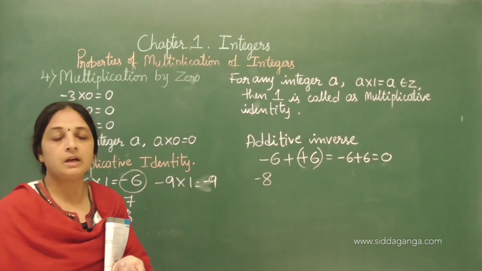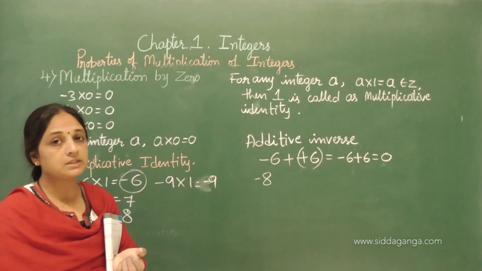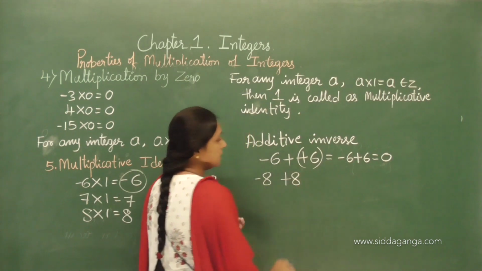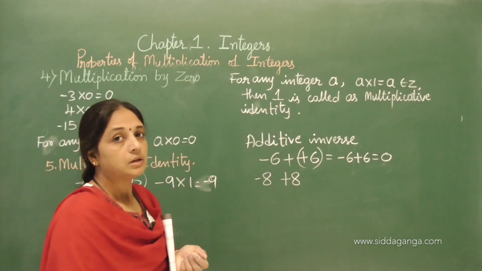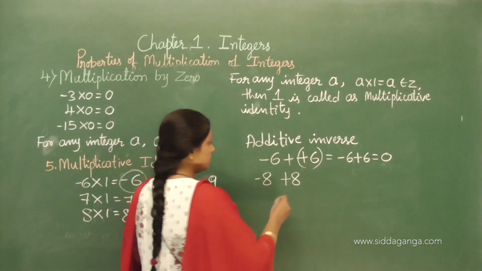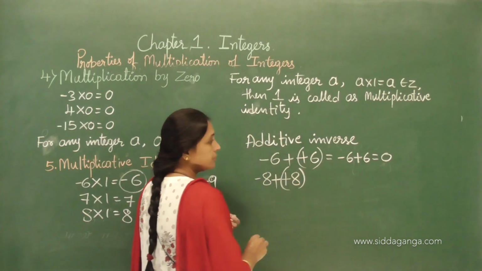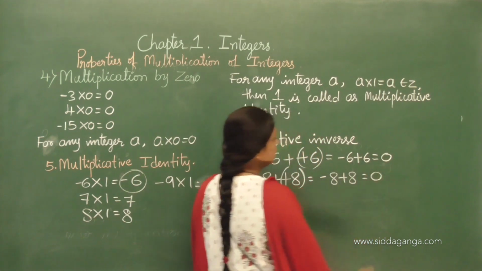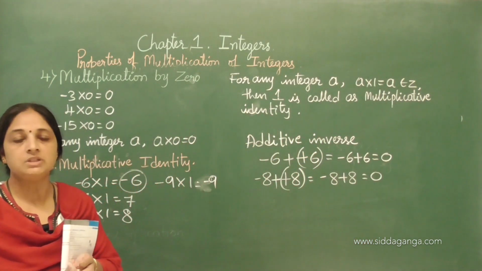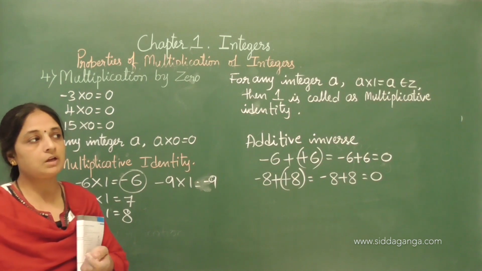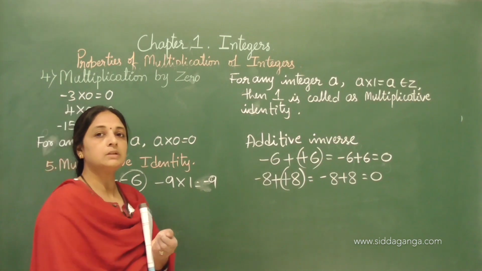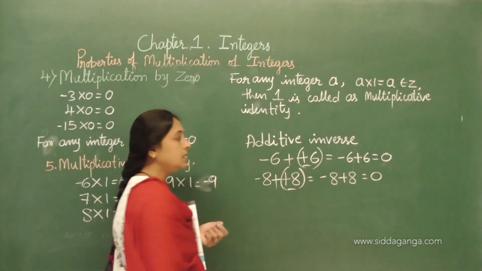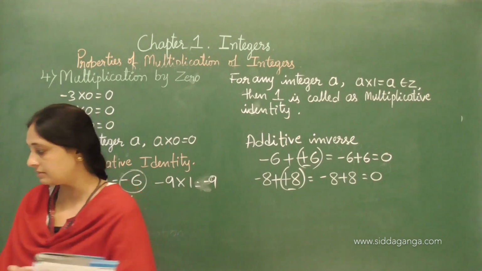Then you can write +8. +8 is the additive inverse for -8, because when we add both of these, -8 plus 8 is equal to 0. The sum should be 0. When we get 0, then we call this number the additive inverse.